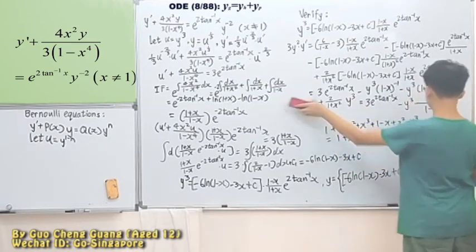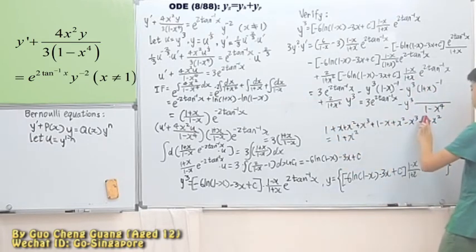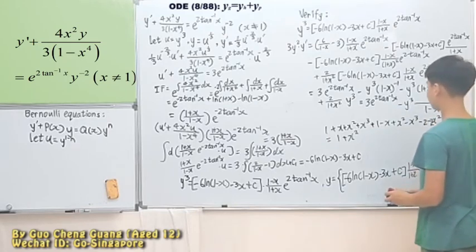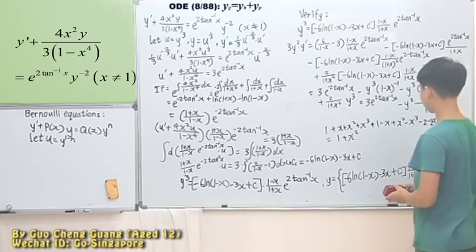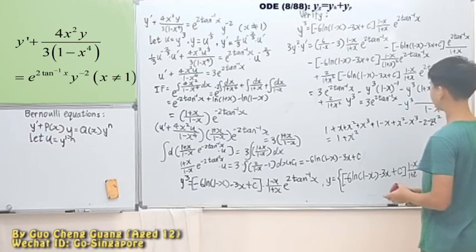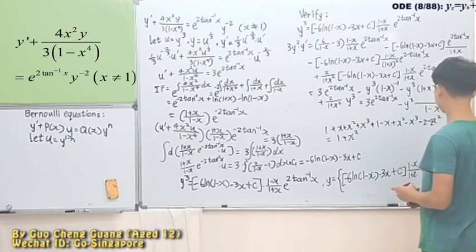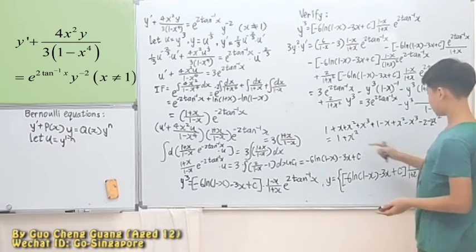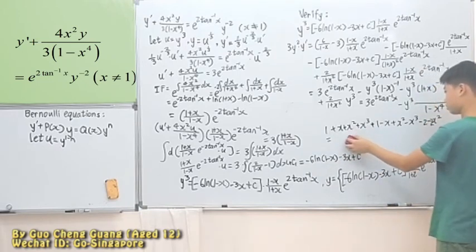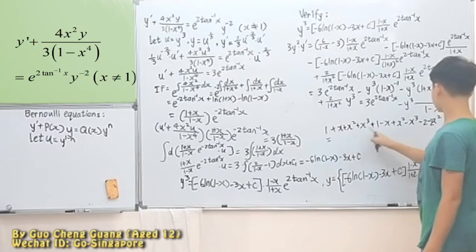Wait, here you have 2. Wait, let's check. 1, 1. So here minus 2, so that means you don't have this.